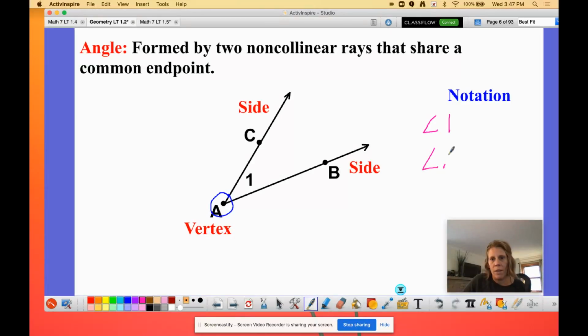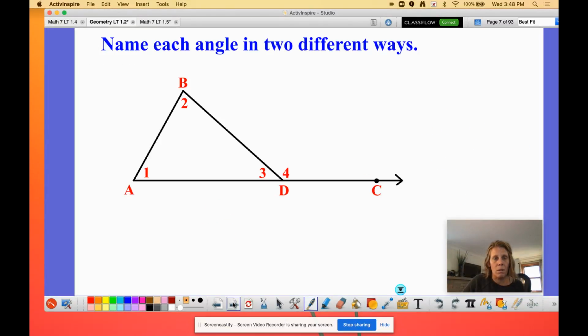We could call this angle A, and the only reason we can call this angle A is because that vertex is not shared by any other angle. We could call this angle CAB, and we could also call this angle BAC. Notice that the vertex A has to be the center letter that we're using when we name this.